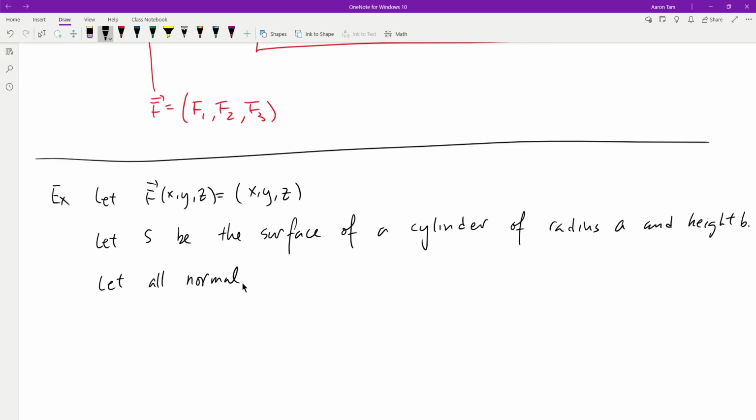We're going to let all normal vectors be pointing outward.